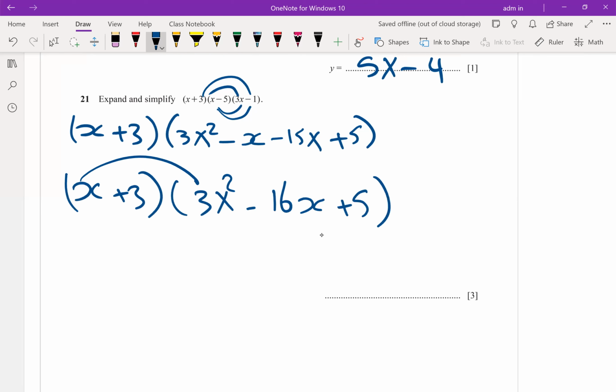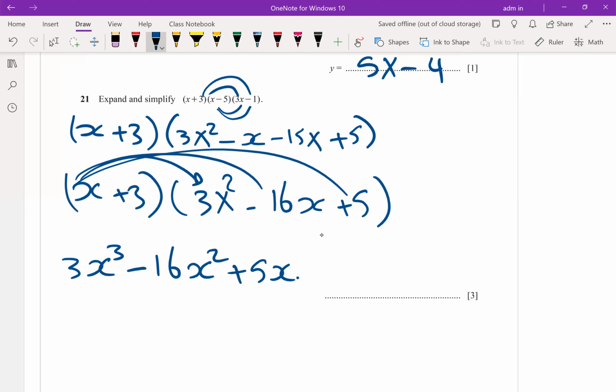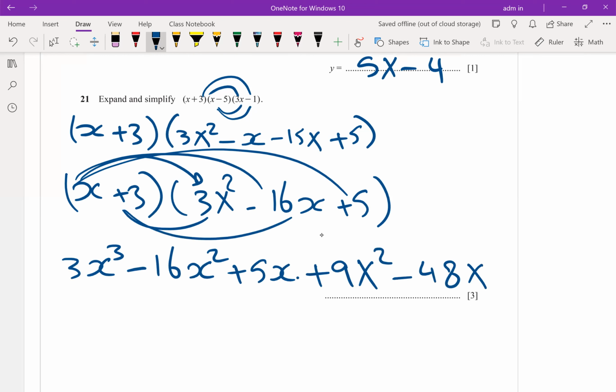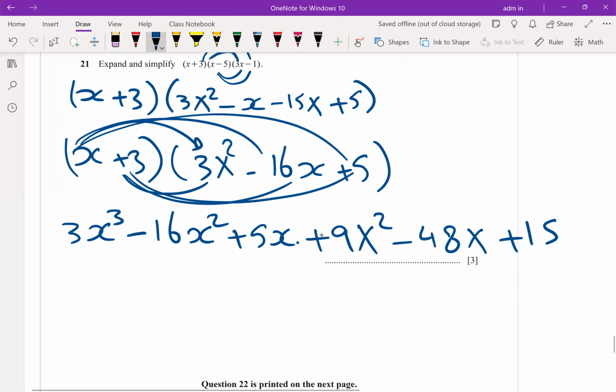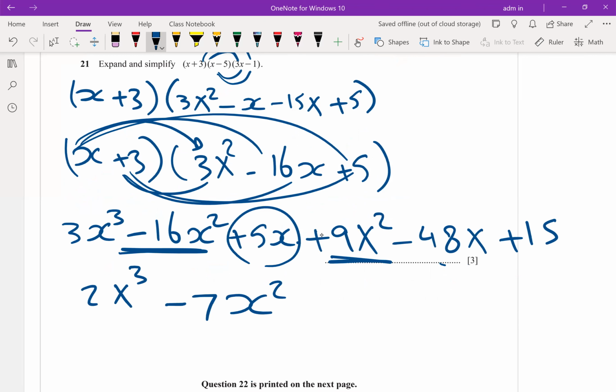Then expand, it will be 3x to the power of 3, minus 16x squared, plus 5x, then 9x squared, minus 48x, plus 15. Then like terms: 3x cubed, x squared terms will be minus 7x squared, x terms will be minus 43x plus 15. This is the answer simplified.